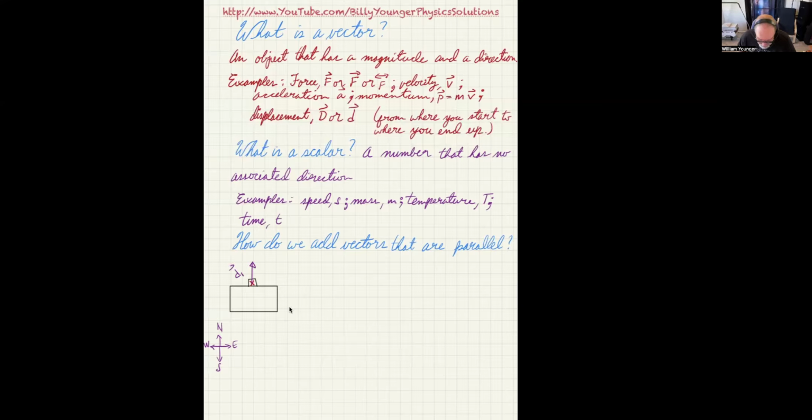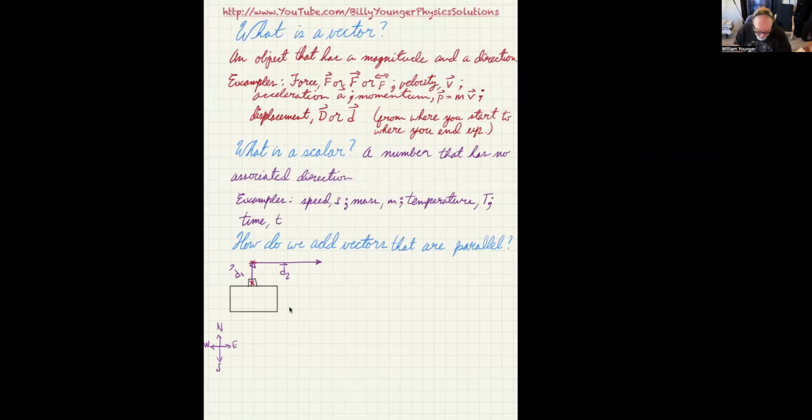So the first leg of my trip was given by displacement D1, which points from the original location I was at, which is the X on the front porch, and points to the location I ended up at at that particular point, so I'll just draw an X there. Now, if I chose to take a walk east, then I'd have another displacement vector that I'd probably call D2. And that's the second displacement vector.